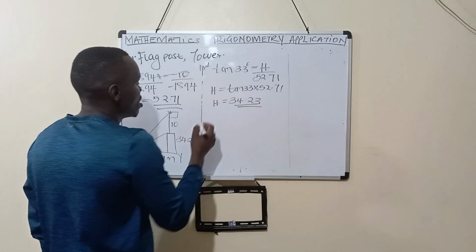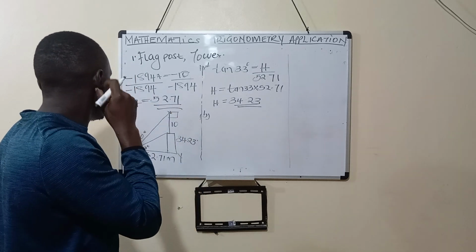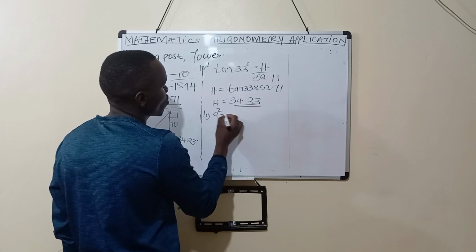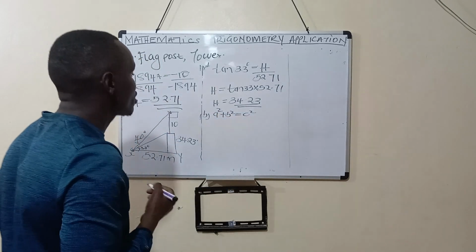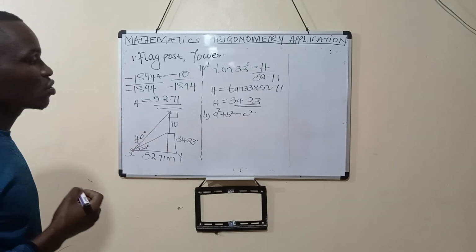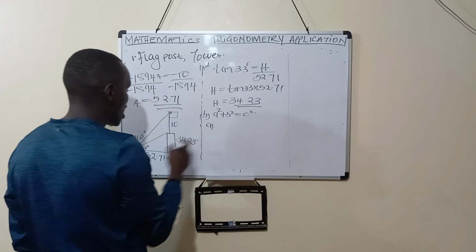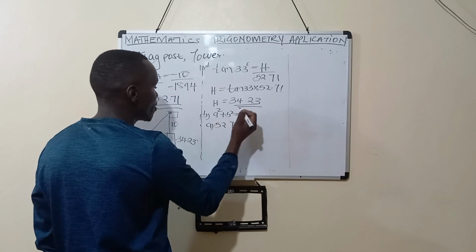So for the solution in B, we are going to have the Pythagoras theorem that says a squared plus b squared equals c squared. What is A? The value of A here will be 52.71.